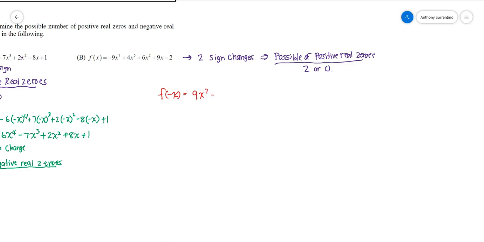This is going to become a minus 4x to the 5th. The x squared is going to stay the same. The 9x is going to have a sign change because that's an odd power. And of course, the minus 2 has no x on it, so changing it to a negative x won't do anything. And now I see that I have 1, 2, 3 sign changes.